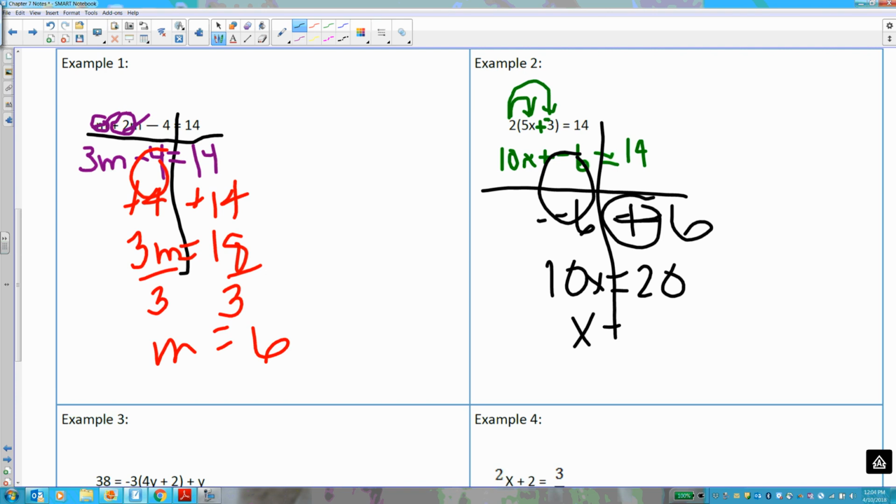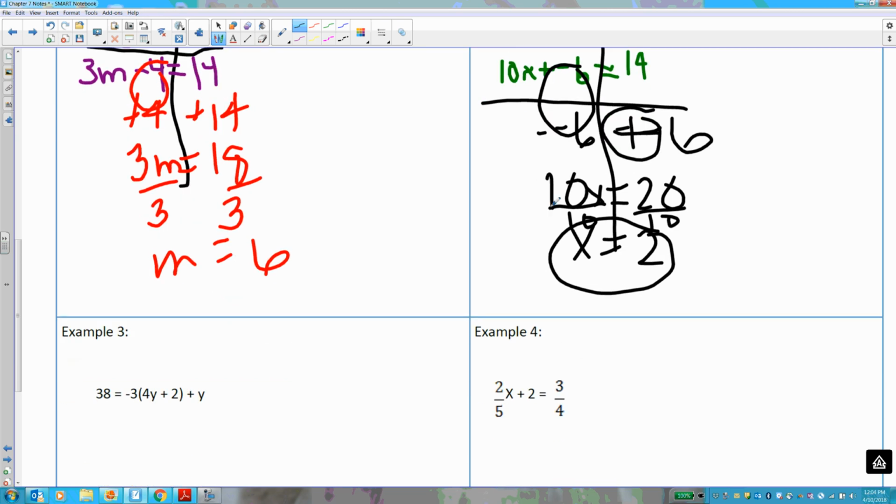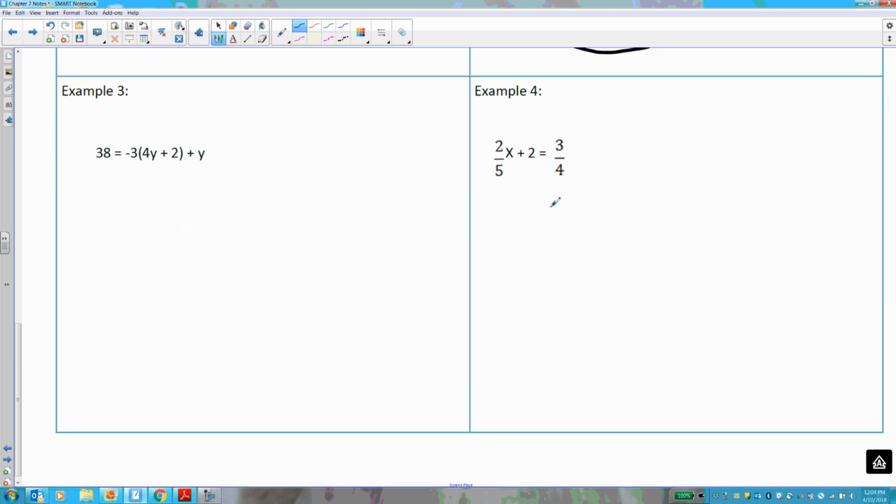So x equals 2, because divide by 10, divide by 10. So your final answer should be x equals 2. So the only new part in this one is the green. All right, let's do 2 more examples together, and then we'll practice this a ton tomorrow in class.